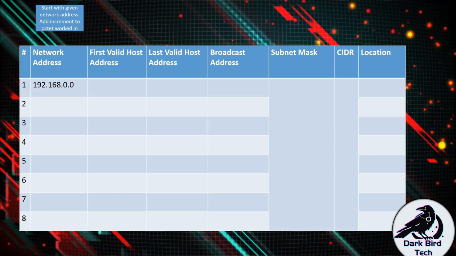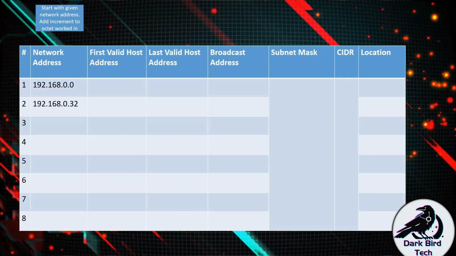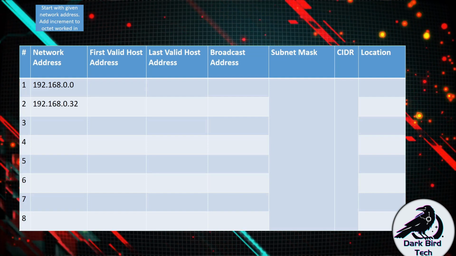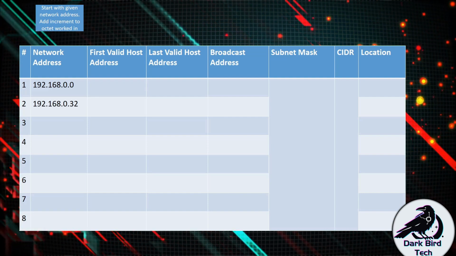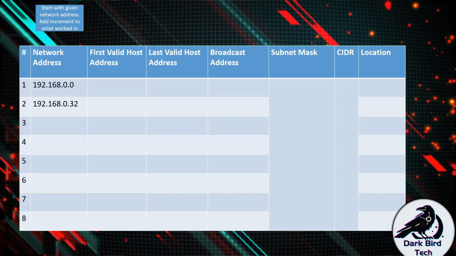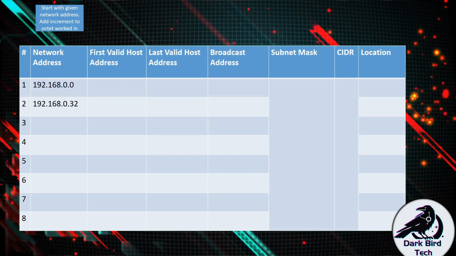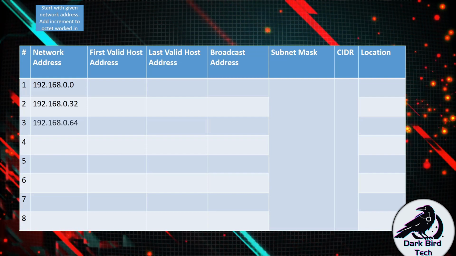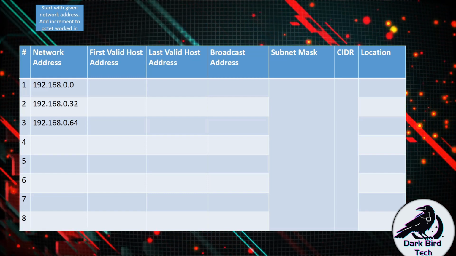0 plus 32, which we worked out to be our increment earlier, is going to give me the second network beginning at 192.168.0.32. Cool. Now to work out the next network, I add the increment to the octet we worked in again. So 32 plus 32 gives me 64. So the third network is 192.168.0.64.